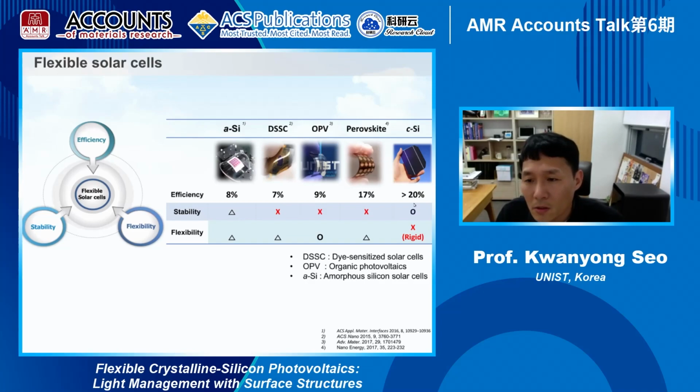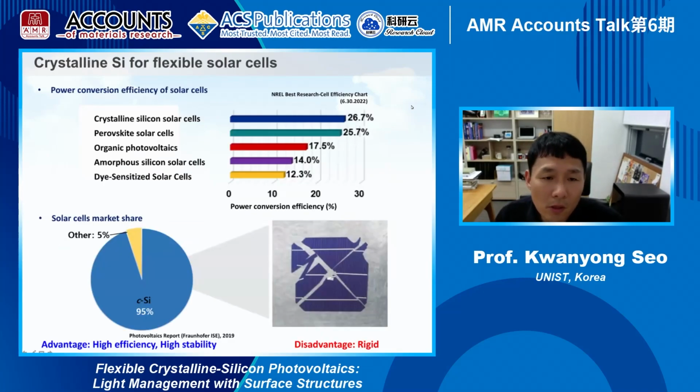We can also consider crystalline silicon as an active material. As you know, crystalline silicon has so far shown the highest efficiency of 26.7%, and 95% of the industry is covered by crystalline silicon.